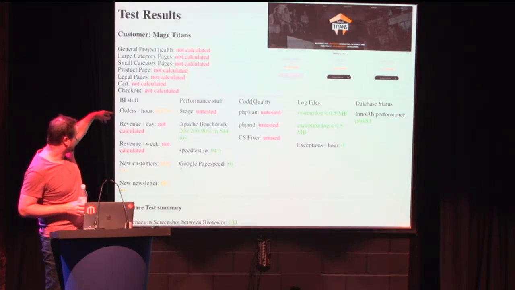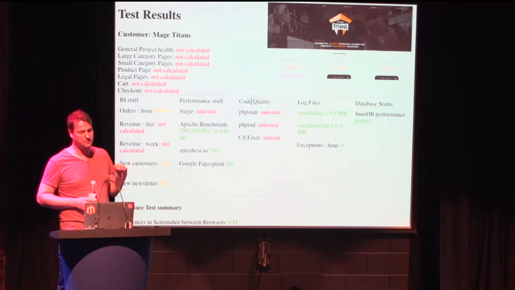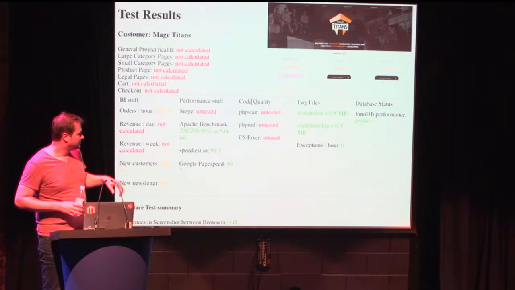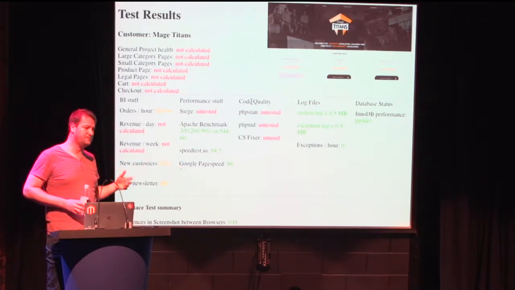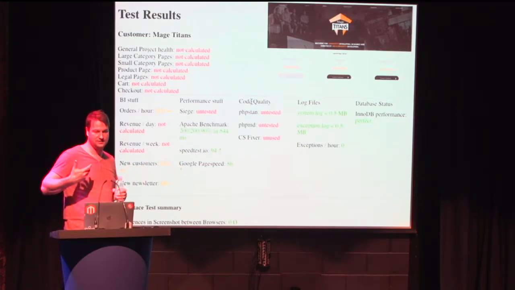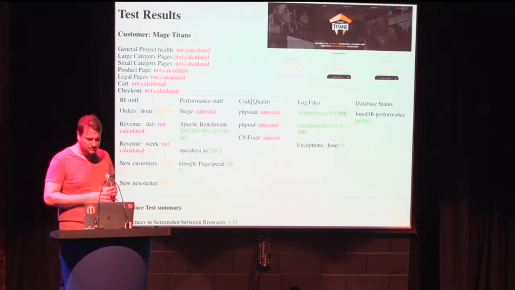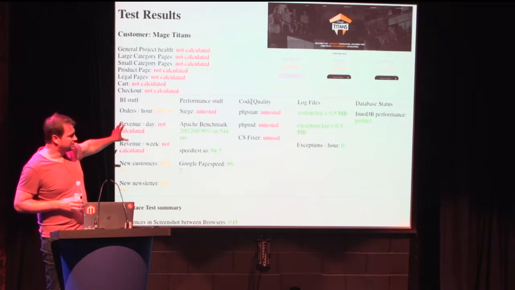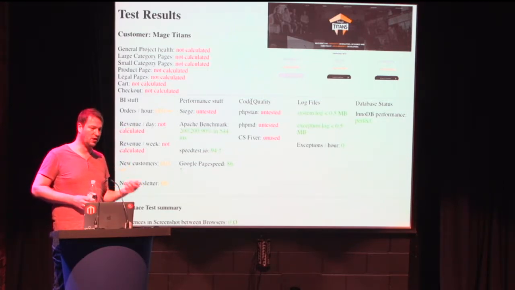Then we have revenues per day and per week, to see if something is wrong on the long tail. There may be problems which you aren't aware of every day, or which appear just once in a while. When these numbers are getting worse, you should have a closer look at your shop.